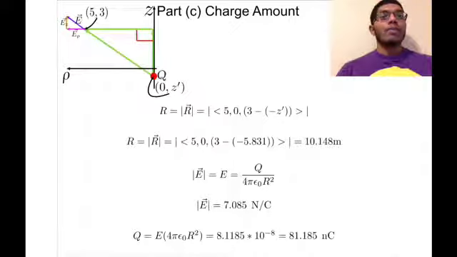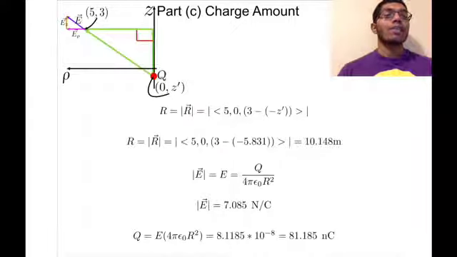So, because I know that the z prime is actually negative 5.831, I can subtract 5, 3, and this point over here to give me the direction vector over here, going from this source to the point of interest. And once I have the vector, I can easily calculate the magnitude.